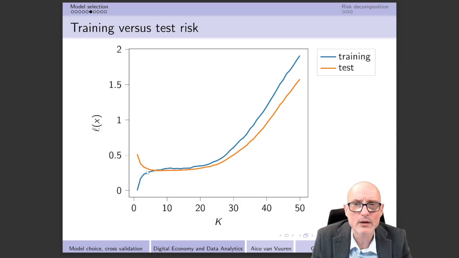However, we are going to see something completely different when we use our test risk. For K equal to 1, the test risk is not very high, but it's not very low either. And it's going to decrease when we increase K. Then at a particular moment it also stays stable for a while.